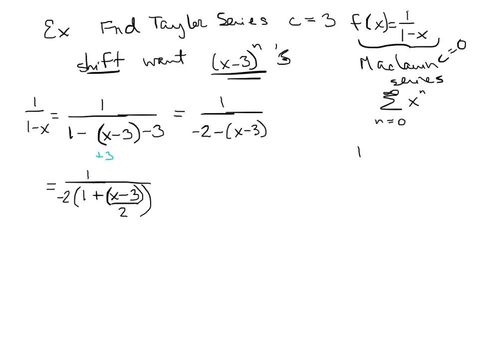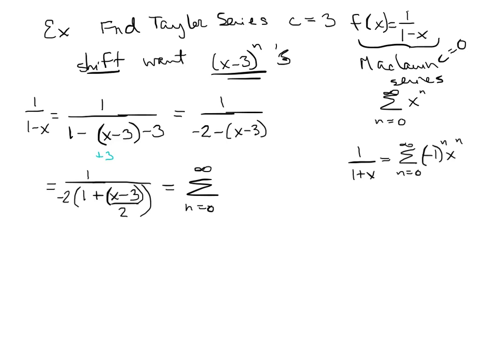And if you look at the sheet, you would see that 1 over 1 plus x is equal to the sum from n equals 0 to infinity of negative 1 to the n, x to the n. All right, so I'm going to use that here to write this sum from n equals 0 to infinity.